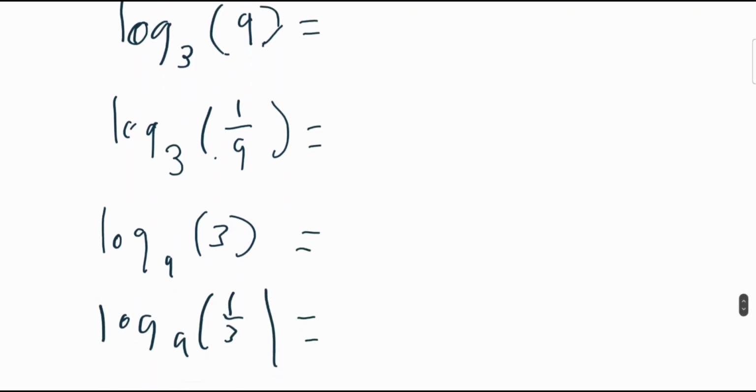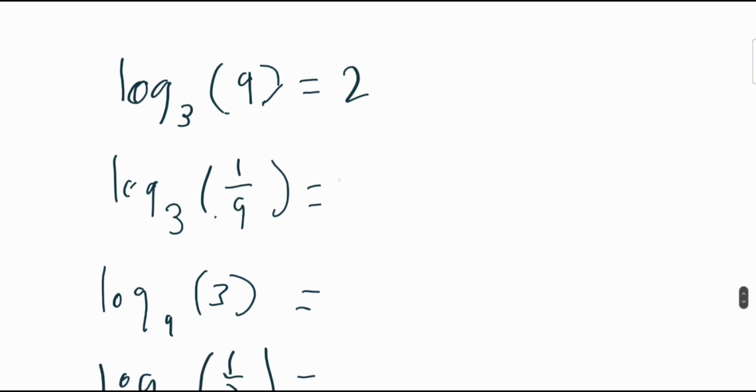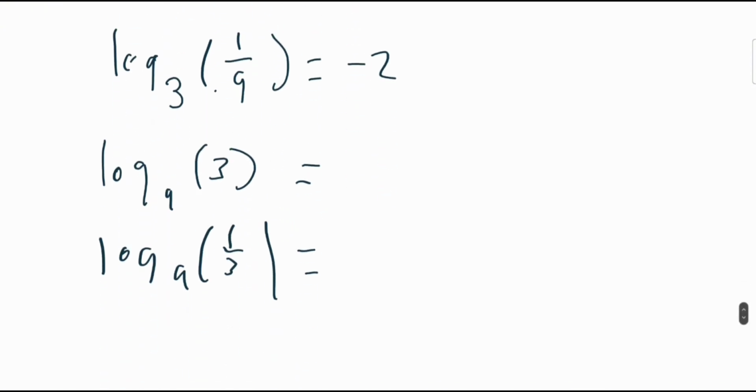Okay, so here we are going. Log base 3 of 9 is pretty simple. It is just 2. And then log base 3 of 1 over 9 equals -2. Okay, now it's getting a bit harder.